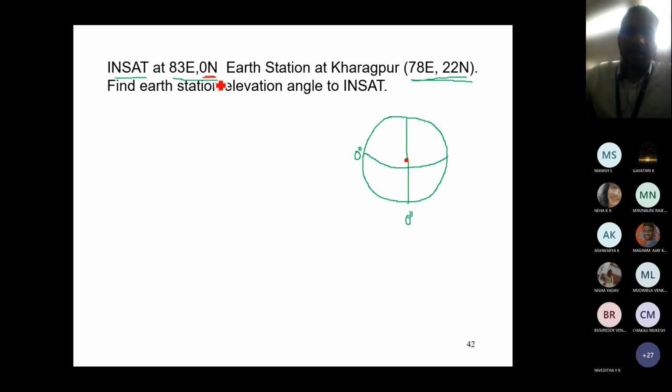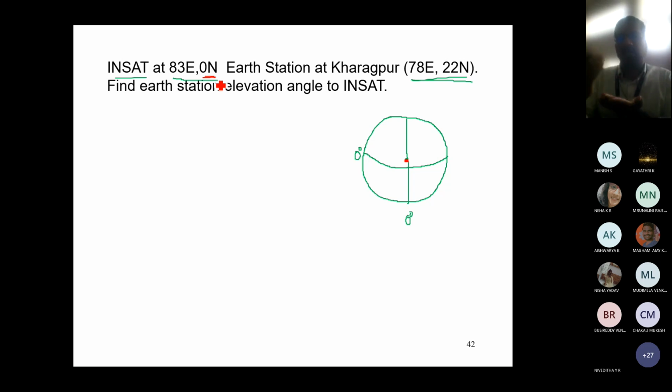And if a satellite is a GEO satellite, what is the location of the sub-satellite point? Where will the sub-satellite point remain? The sub-satellite point will lie on the equator, because all GEO satellites, or geostationary Earth orbit satellites, have an orbital plane with 0° inclination with the equatorial plane.